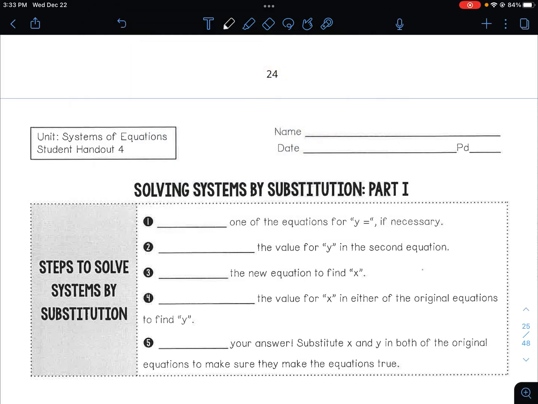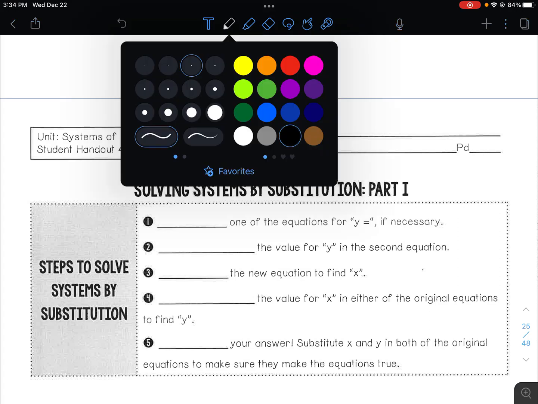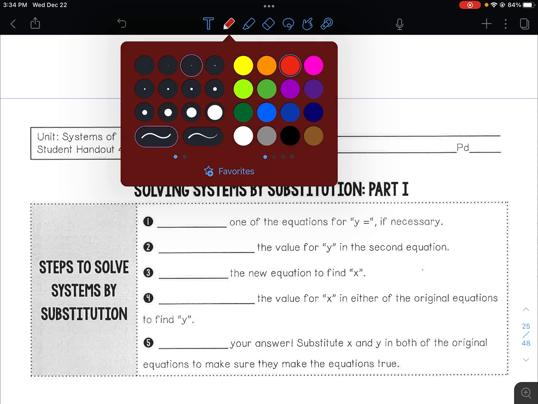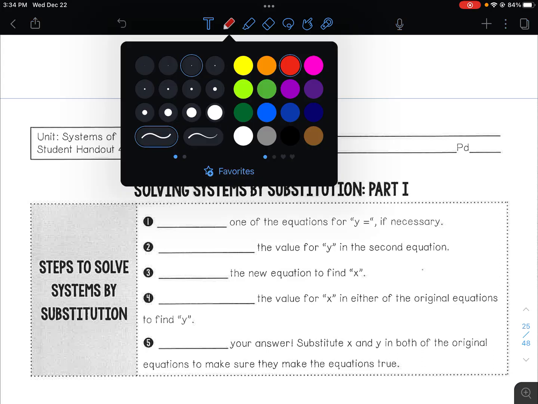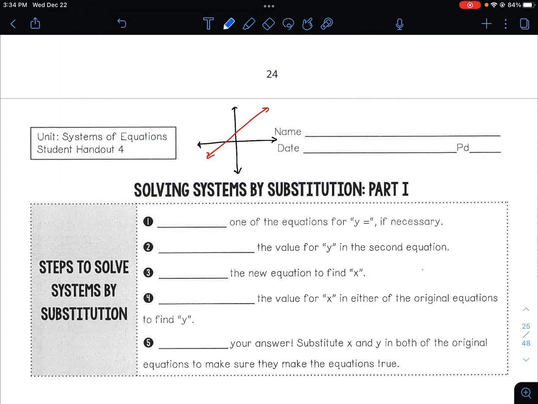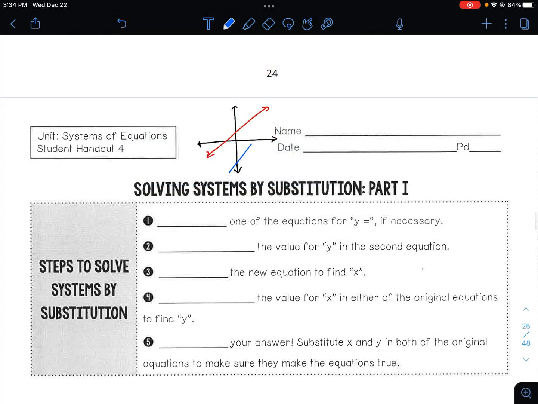In our last video, we learned about solving systems of equations by graphing, and we saw a preview of what happens if you have two lines that do have a solution, but when you graph them, they don't quite cross on the graph.